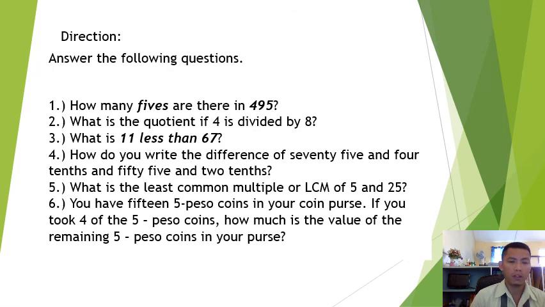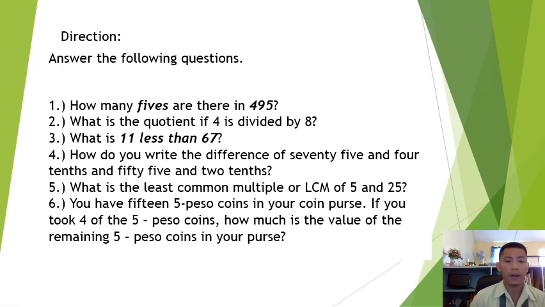Number 1. How many fives are there in 495? Number 2. What is the quotient if 4 is divided by 8? Number 3. What is 11 less than 67? Number 4. How do you write the difference of 75 and 4 tenths and 55 and 2 tenths? Number 5.